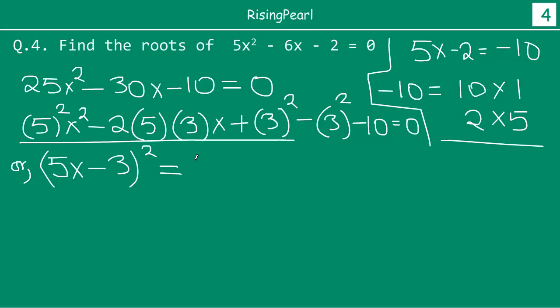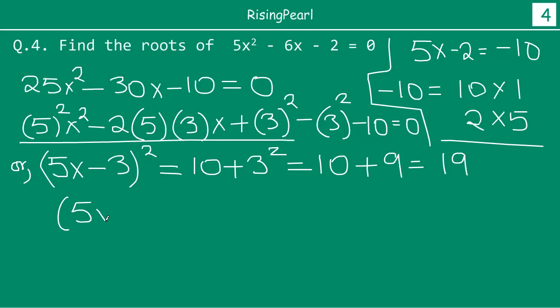The minus 10 will become plus 10, plus this minus 3 square will be plus 3 square, so it will be 10 plus 9 or 19. So now we have 5x minus 3 whole square is equal to 19.